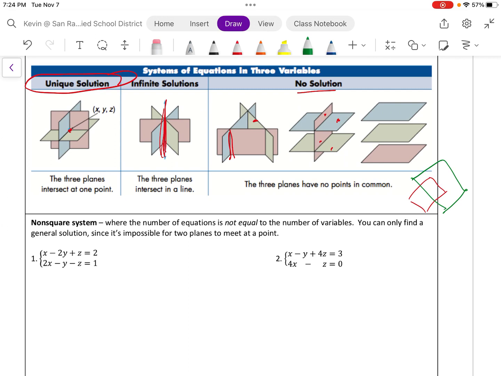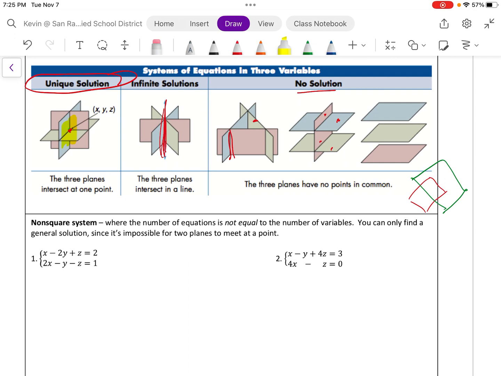It can't intersect kind of like over here. Three planes can intersect at a point. But if you only have two, they can't intersect at a single point.